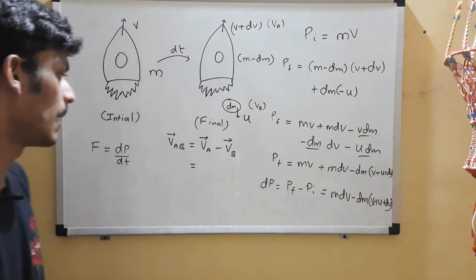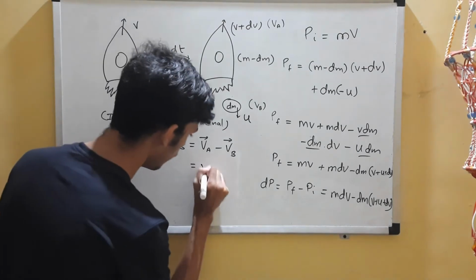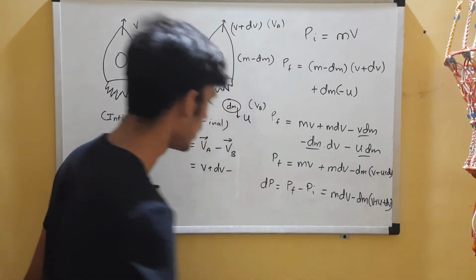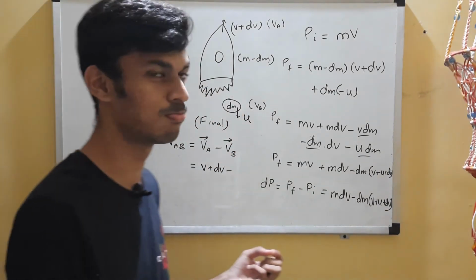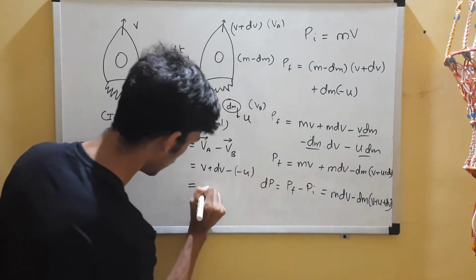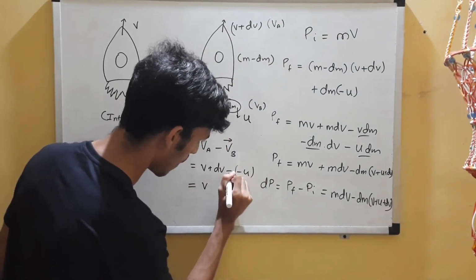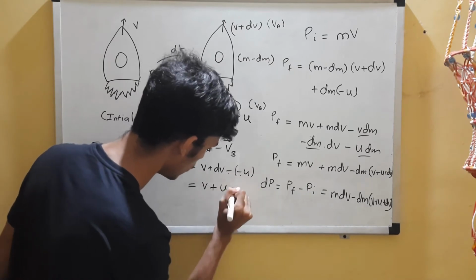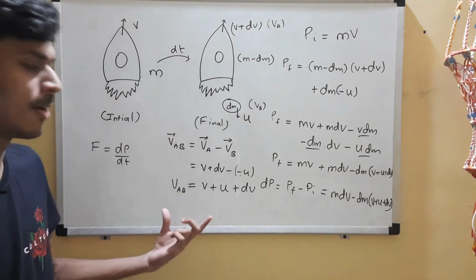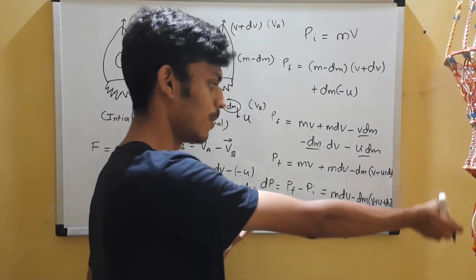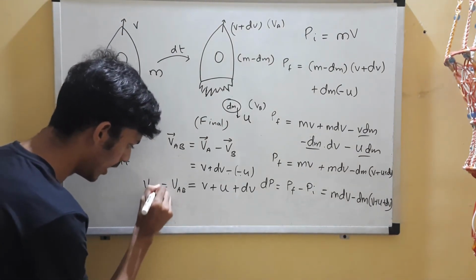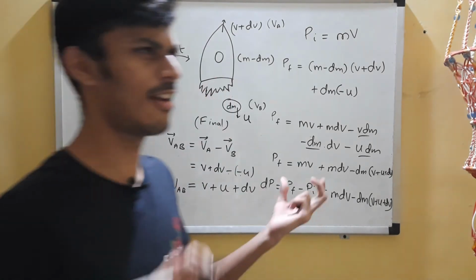So velocity of A we know is v plus dv, in the upward direction, so it's positive, minus velocity of B. Velocity of B is minus u, in the opposite direction, right? So minus minus u. You can see that this will give us v, and minus and minus will become plus, v plus u plus dv. So vab is nothing but that term v plus u plus dv, and we can call it the relative velocity between the rocket and our fuel.